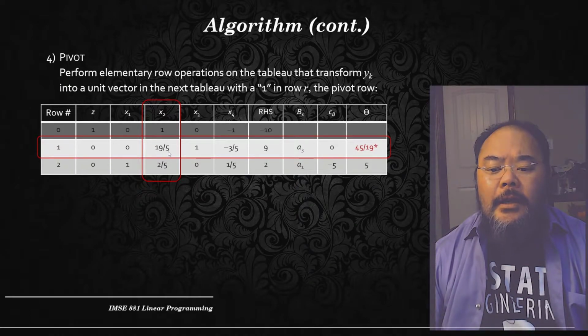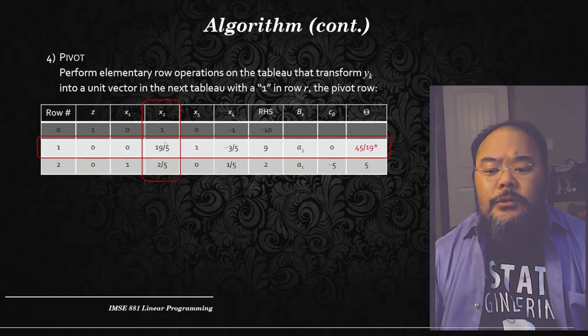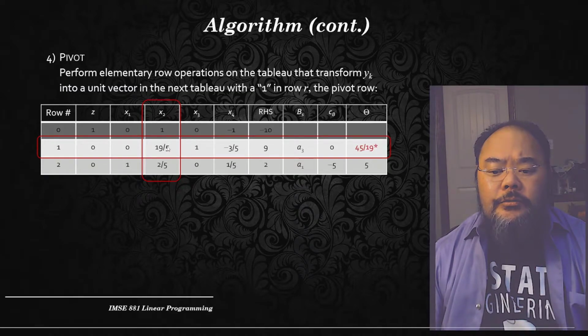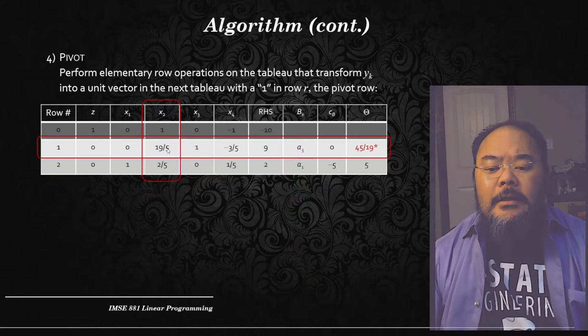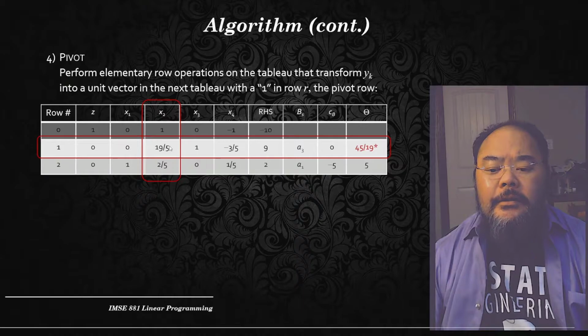Usually we say that. So we want to use again the elementary row operation to make this x2 column exactly look like the x3 column. So we're going to divide this by 5/19, and then make these two elements to be 0.